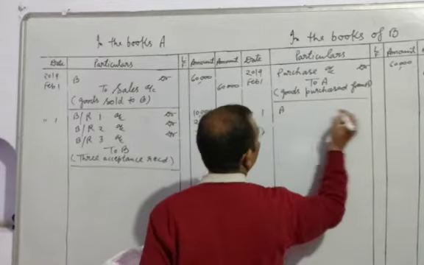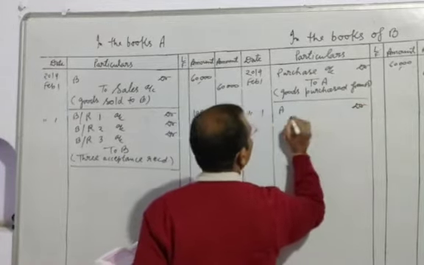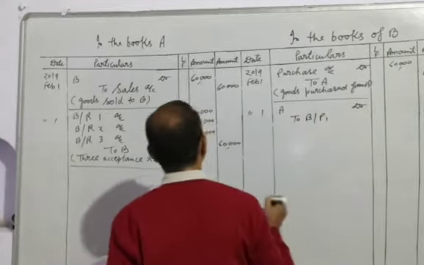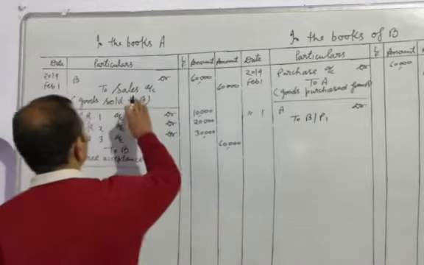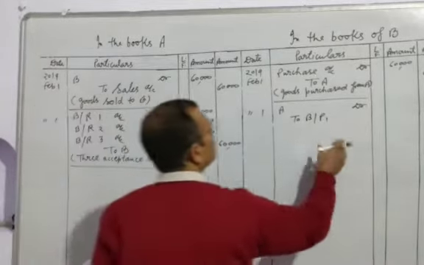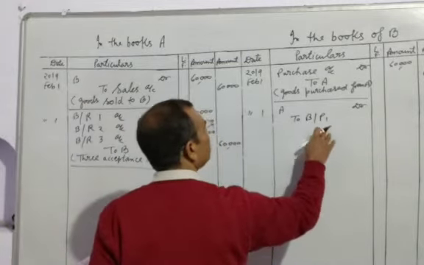A debit to BP, we will write here. As you know, the bill for the drawer is BR and for the drawee it is called BP.